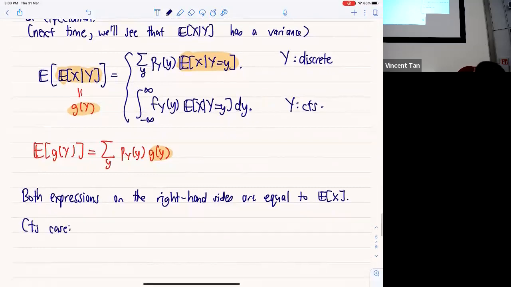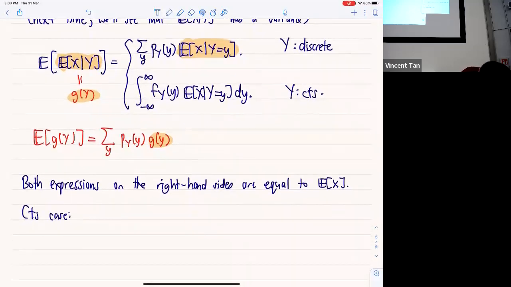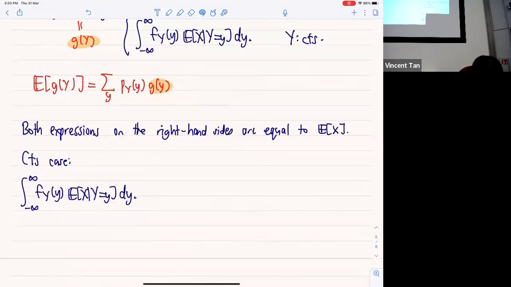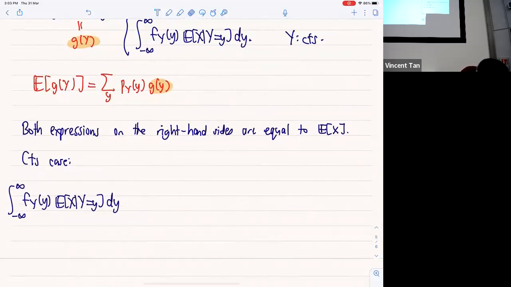Okay, so let us verify this for the continuous case. We start from here and ask ourselves, is this just the vanilla expectation value of x? Let us try to integrate this from minus infinity to infinity. What is the meaning of this expectation?